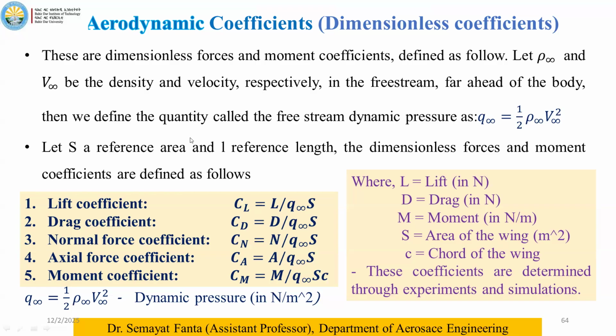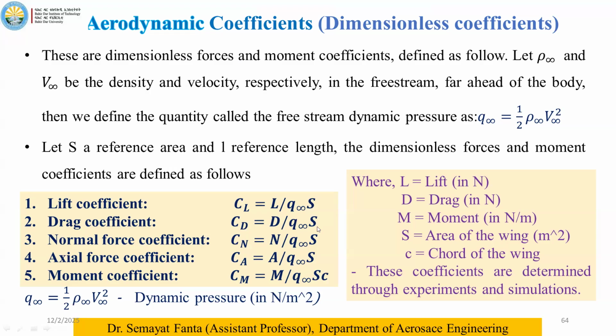For example, lift coefficient is dimensionless. It is lift over force. Q times S: Q is dynamic pressure in Newton per meter square, S is area in meter square, so this is also force.